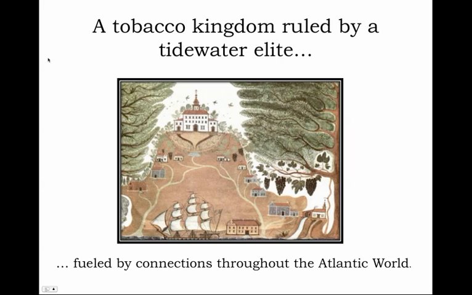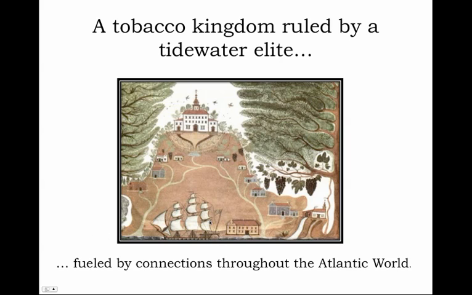And you can see this painting of a plantation, a tobacco plantation, with a great house at the center rising above the plantation, and the various workshops and servants' quarters and drying sheds. It resembled a kind of medieval kingdom or a medieval fiefdom, and the ship in the foreground along the river dock, whether it be the James or the Rappahannock rivers, these great riverways of the Chesapeake, suggest that this was a global enterprise.